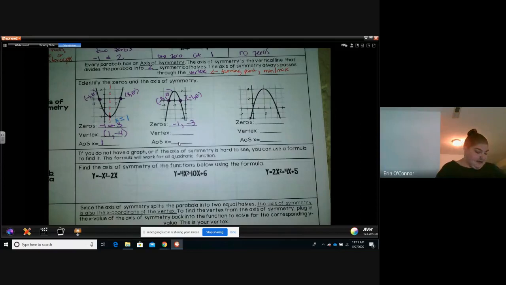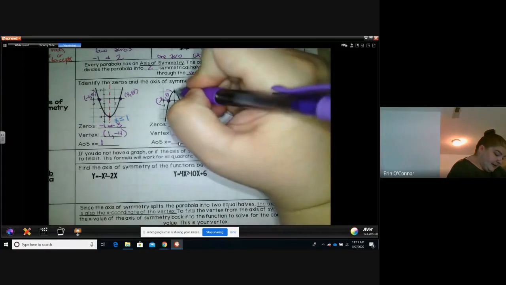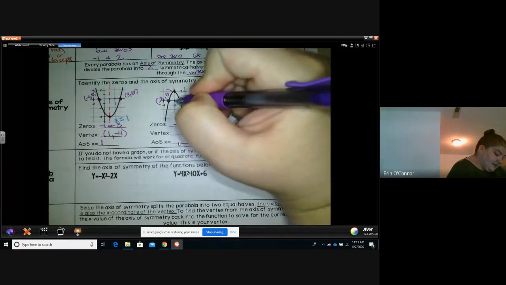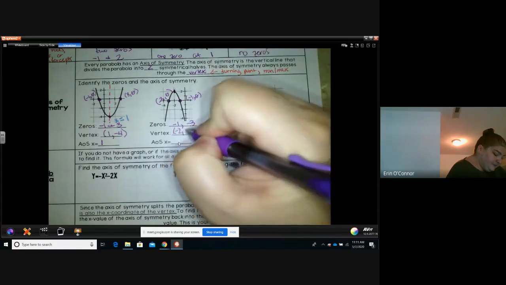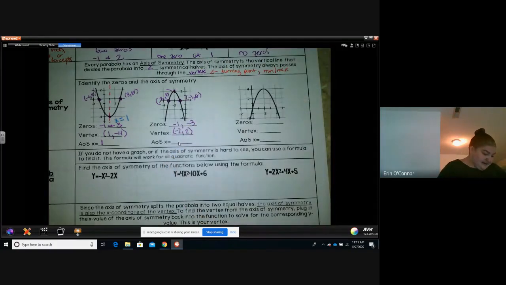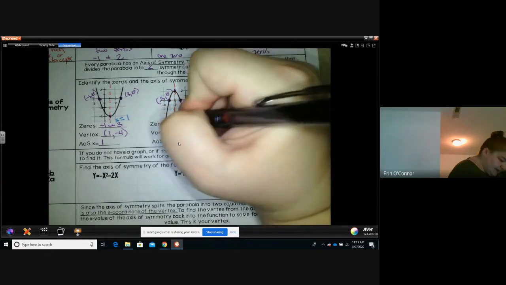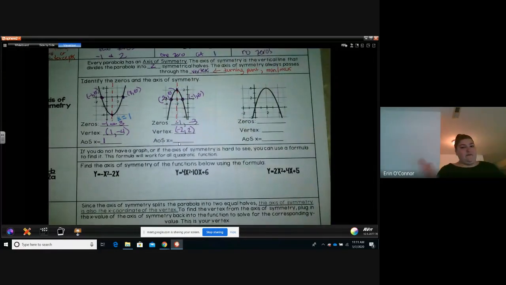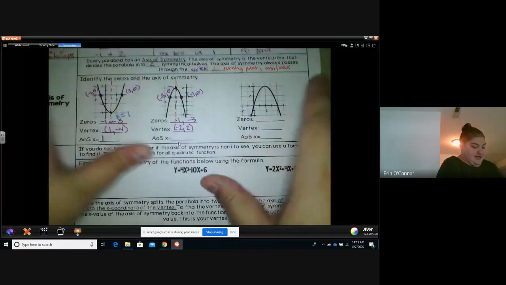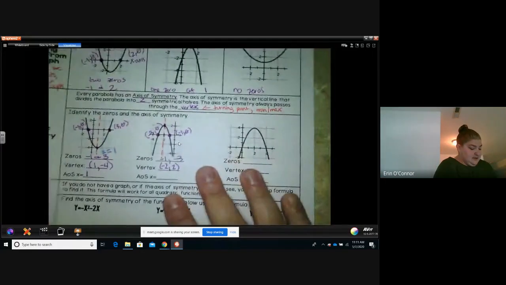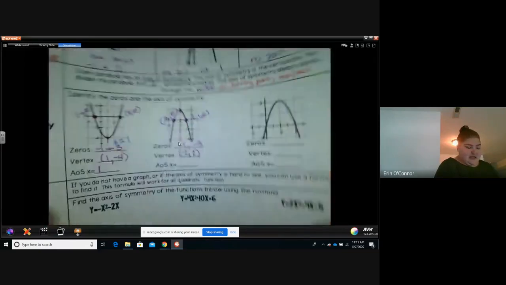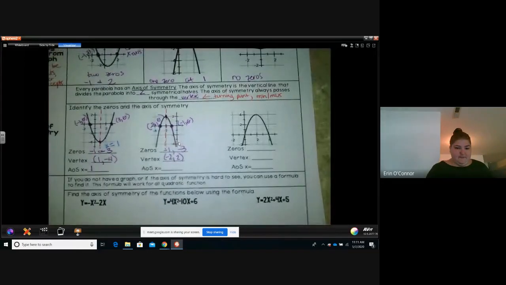The vertex, that turning point, is right here, and that's at -2, 2. And lastly, that axis of symmetry, going through the vertex and cutting that graph in half. Like if I were to fold it in half this way, right on that line, each side would be symmetrical.